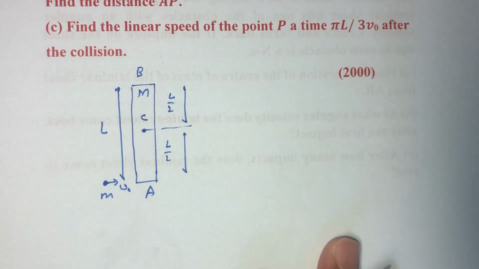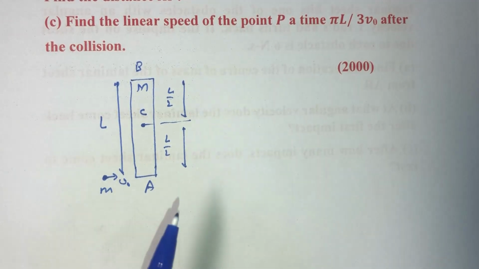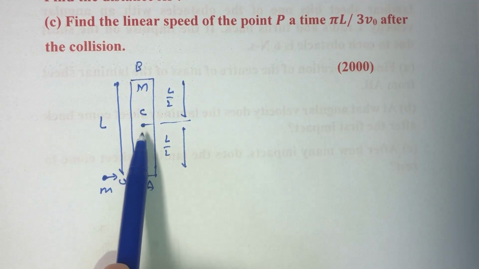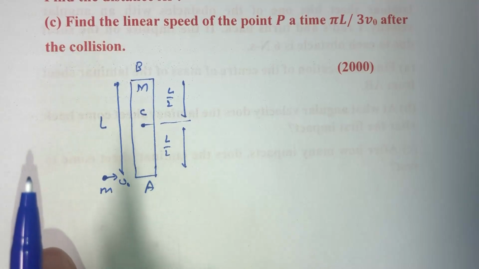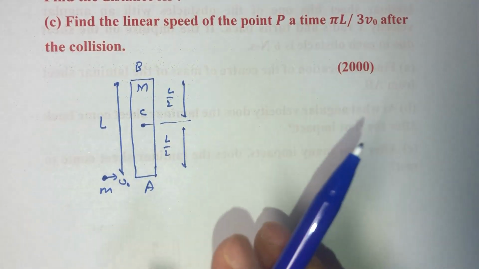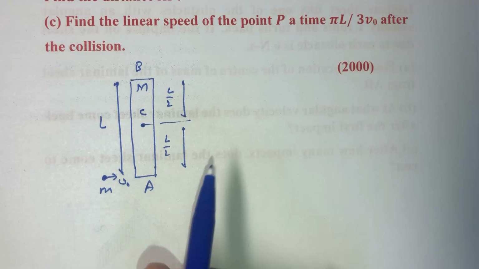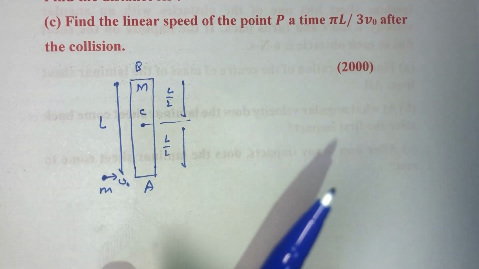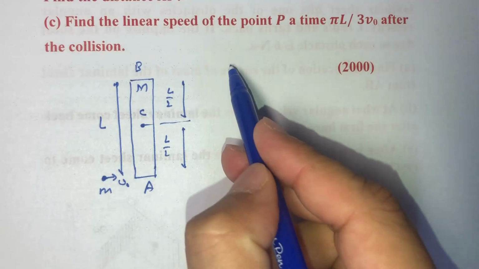Now, after the collision, the particle comes to rest, and the rod is going to rotate about the center of mass, and also move forward with a velocity, let us suppose v. So the rod after the collision has two types of motion: one rotational and another translational.